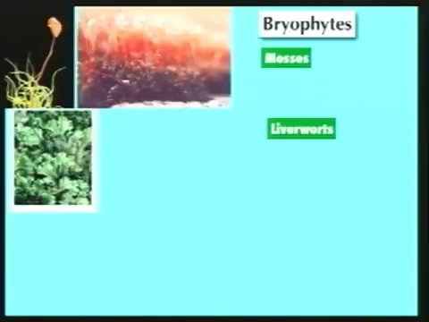And as I mentioned, the sporophyte is pretty much embedded usually inside the gametophyte, although sometimes on a stalk. But the stalk is pretty fragile by comparison with the one that we get in mosses, if there is one.